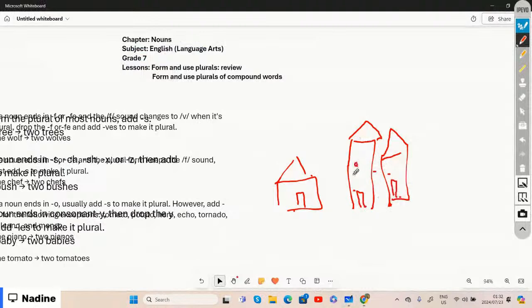So those are duplexes. Duplexes are like your double story houses that are next to each other, but not necessarily flats. They are against each other or next to each other, and we call those duplexes.